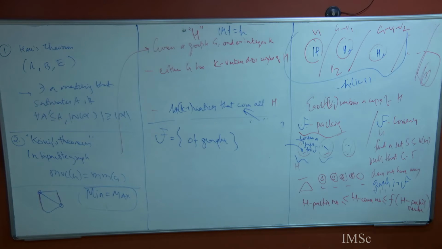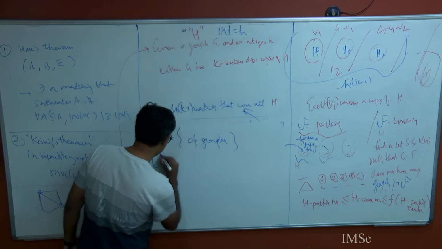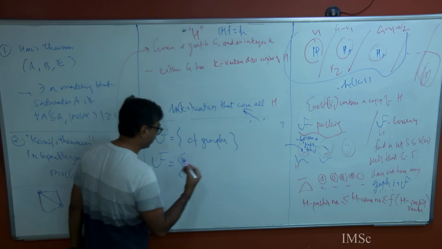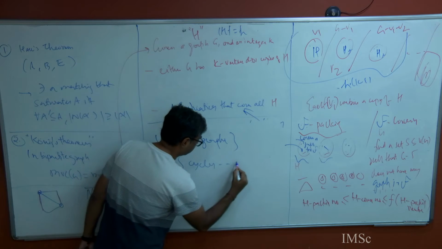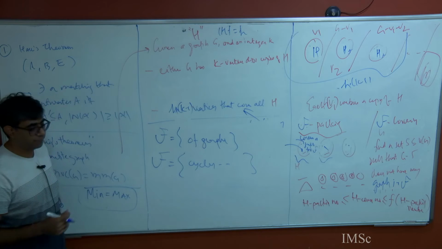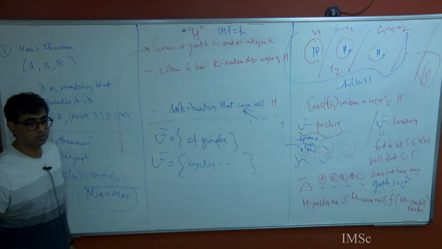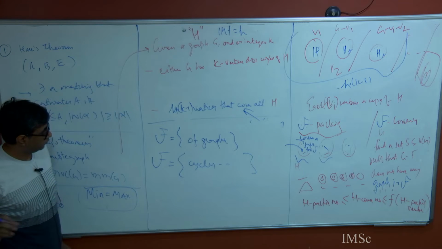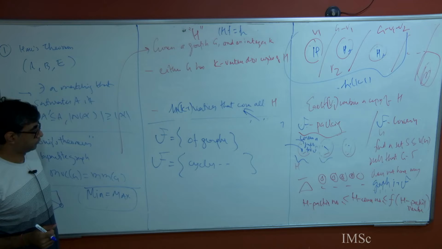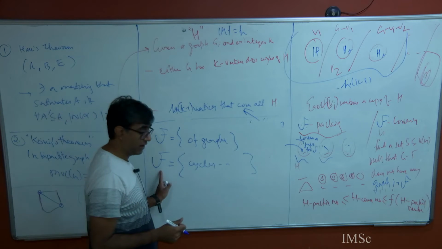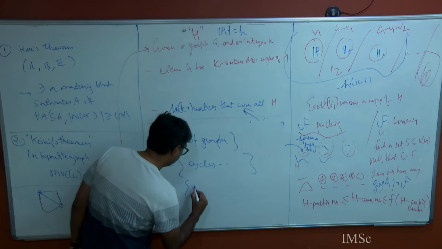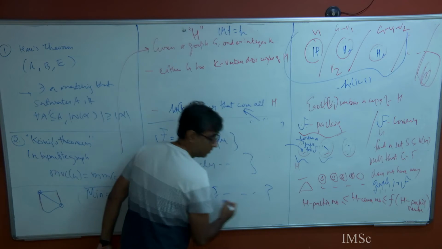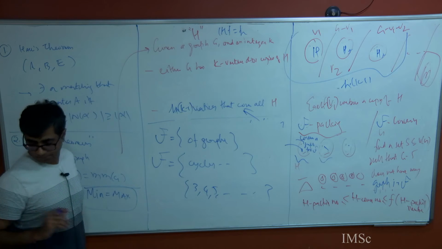Okay. So for example, suppose F is the family of cycles. Now this family is infinite, right? It has a cycle of length 3, 4, and if we allow multi edges then 5, anything. So now what does this question become?